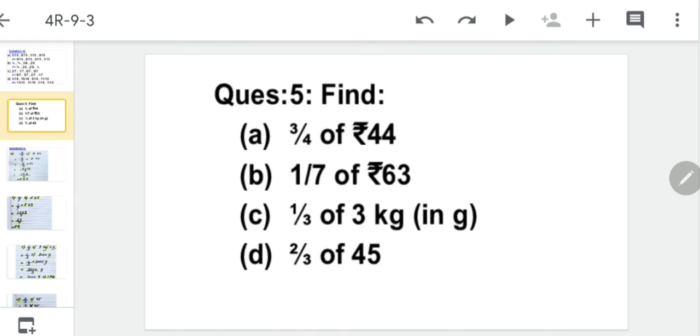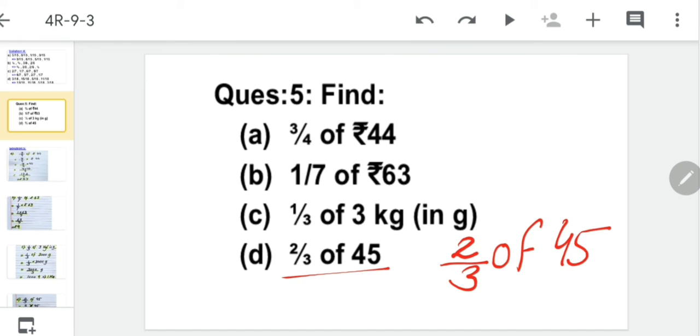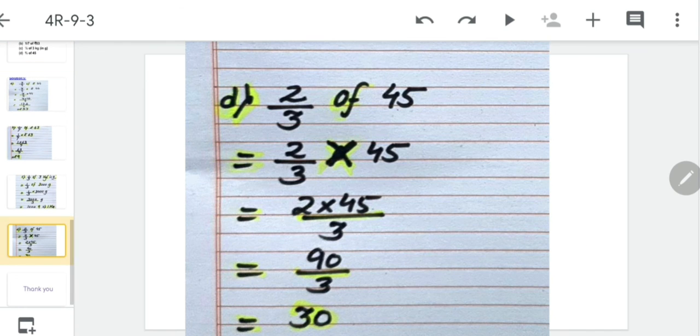Now the last part is 2 by 3 of 45. Now let's see how we have to solve it. 2 by 3 of 45, in place of "of" we have to place a multiplication sign. Now this 2 will multiply with 45, so it will become 90. Now here we have to divide 90 by 3.